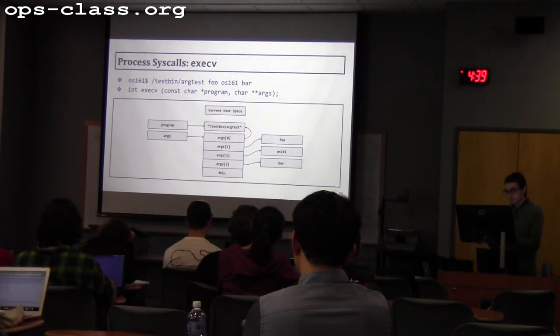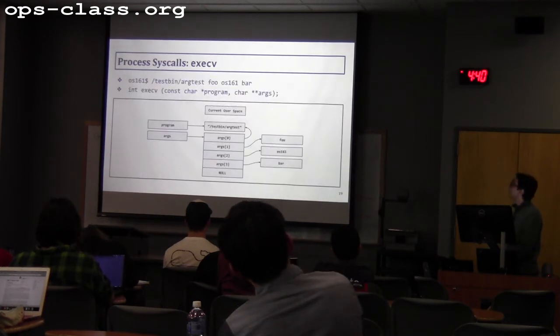So this is the whole picture once we call exec. The program is pointing to the program name, and as you can see, index 0 in the arguments array is also pointing to the same program name, and the rest point to the arguments that you receive.